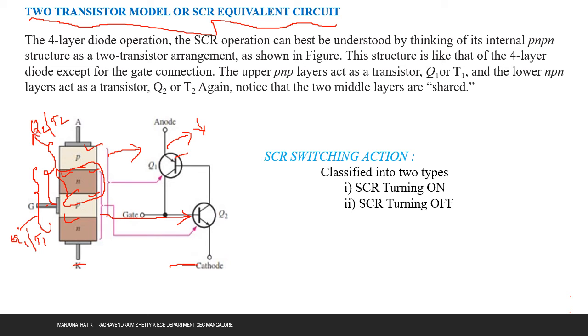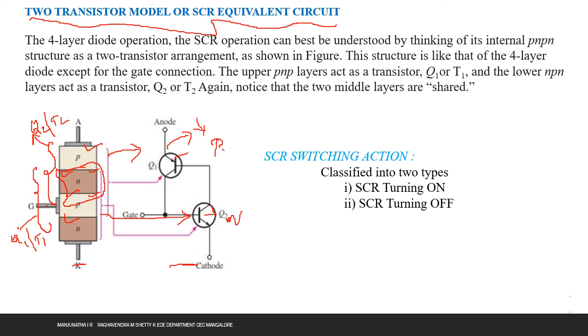And this transistor has the arrow heading outside from the base, so I can easily identify it as an N-type transistor, and this one as a P-type transistor. So based on the arrow marks, whether heading towards the base or outside from the base, we identify them. This is very important to analyze and we should remember it.